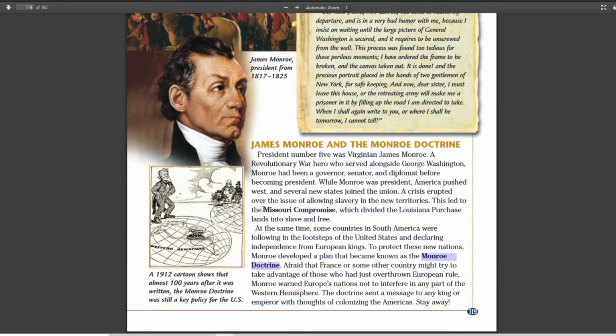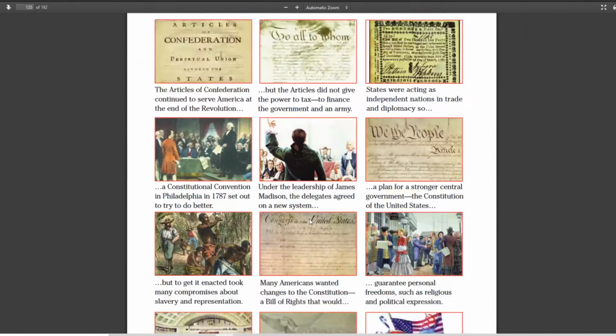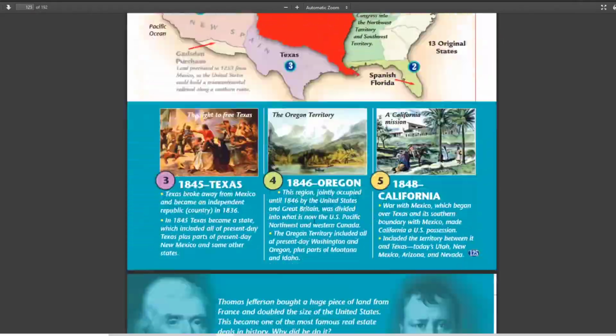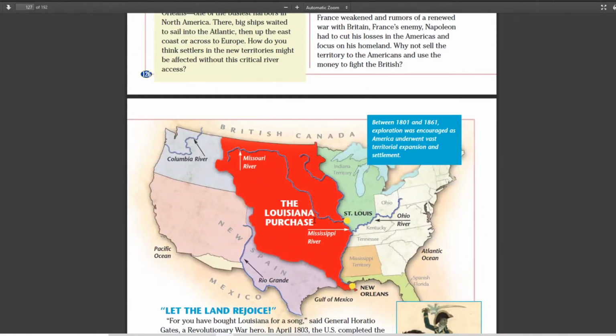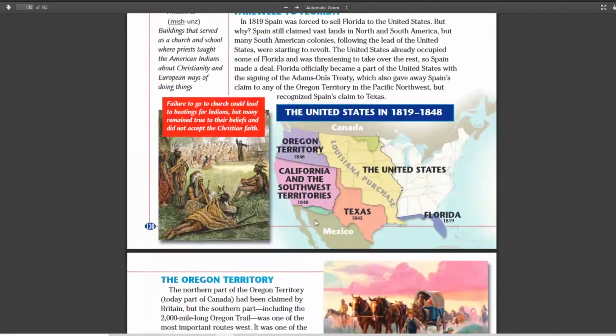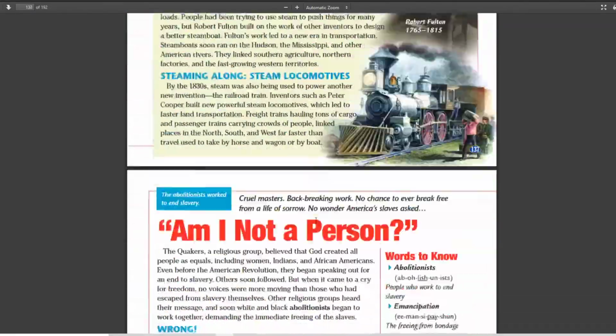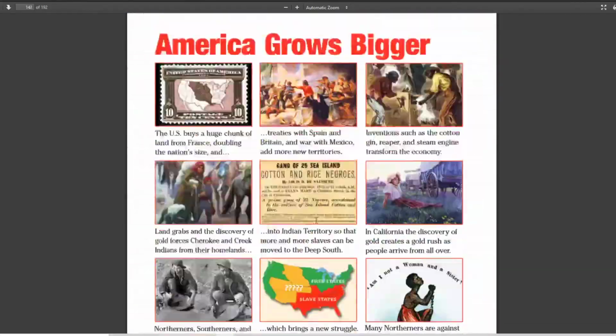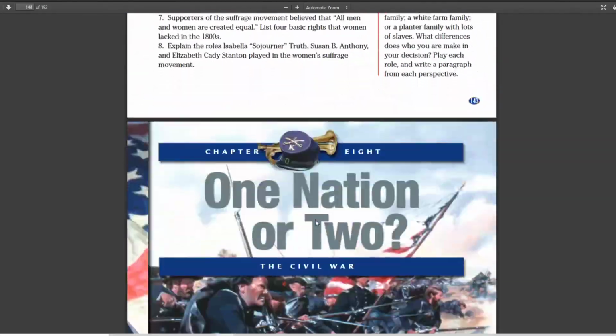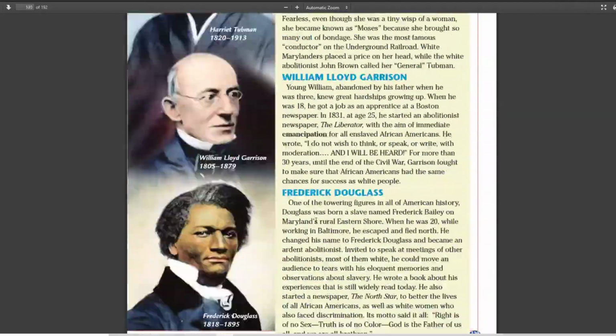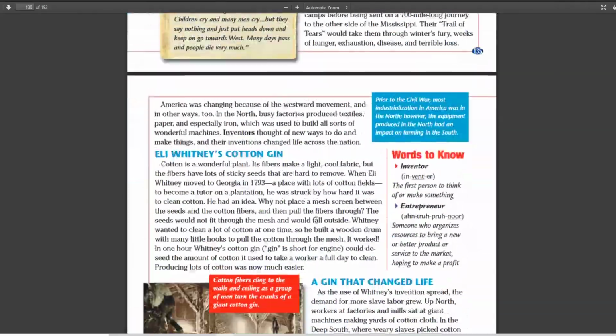So they came up with the Missouri Compromise, which made Missouri, and we'll jump ahead here if I can find a map. Yeah, we'll get to all this. I skipped it. Darn it.